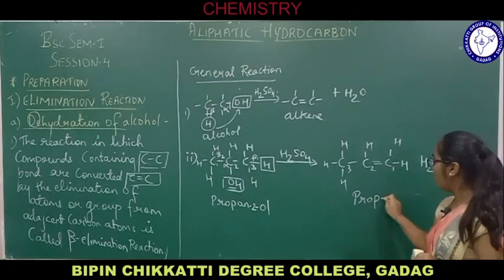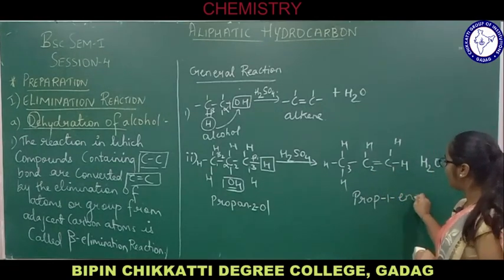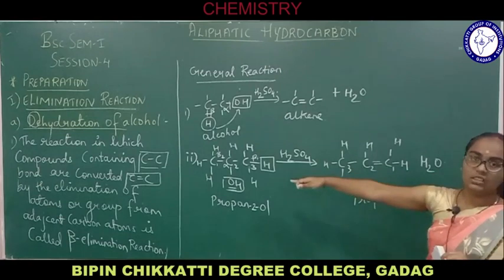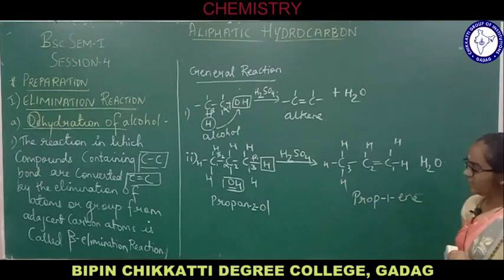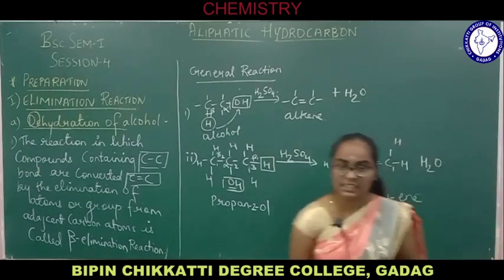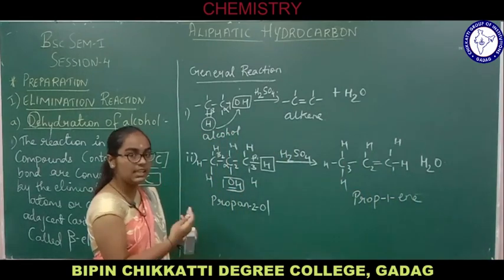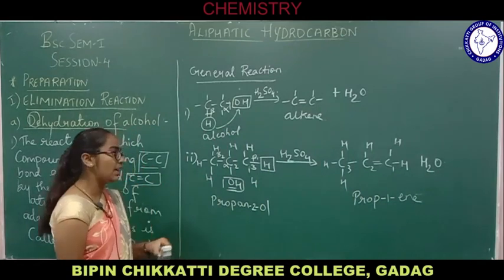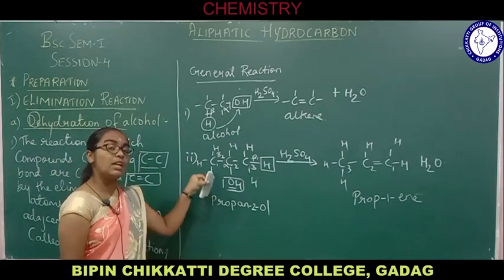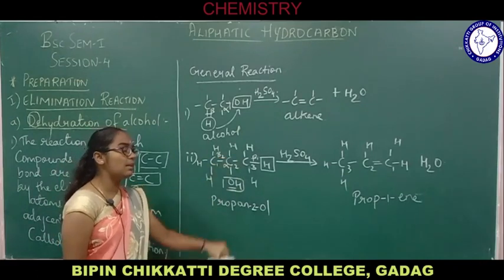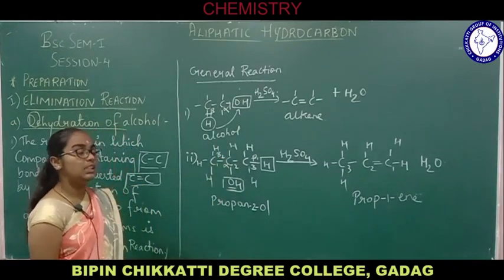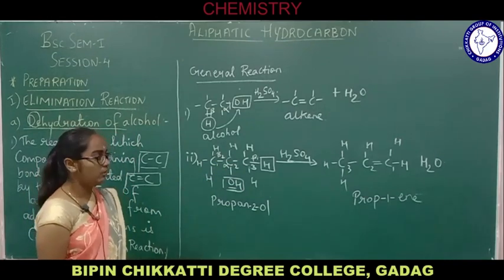So prop-1-ene is obtained when propan-2-ol is treated with the dehydrating agent: the alpha carbon removes the hydroxyl group, and the beta carbon removes a hydrogen, and thereby you obtain the olefin called prop-1-ene.